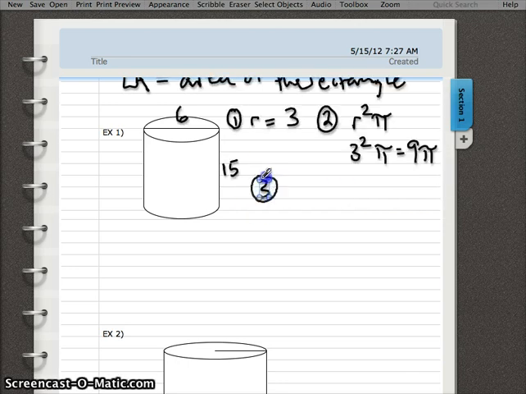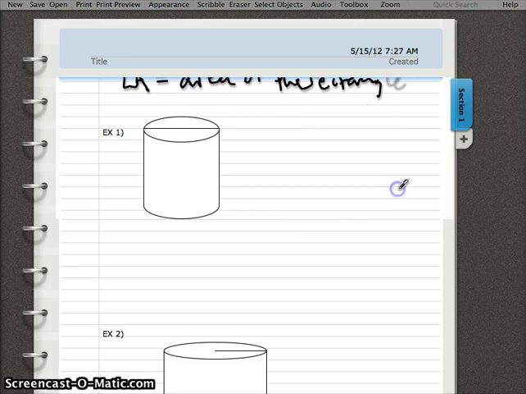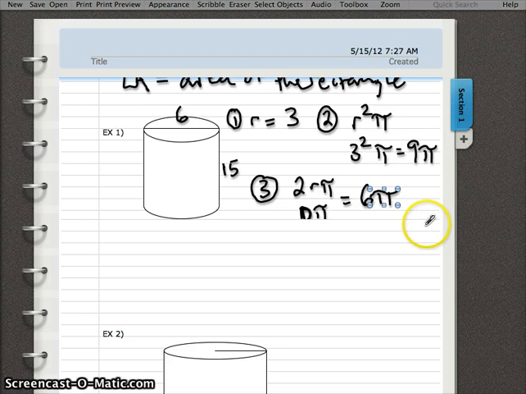Third step is to find the circumference of your circle, because we're going to use that to find the area of our rectangle. So the circumference is double the radius times pi, or the diameter times pi. Since we're given diameter, we'll just use that. So the circumference will be 6 pi, and we got to multiply that by the height to find the area of our rectangle.